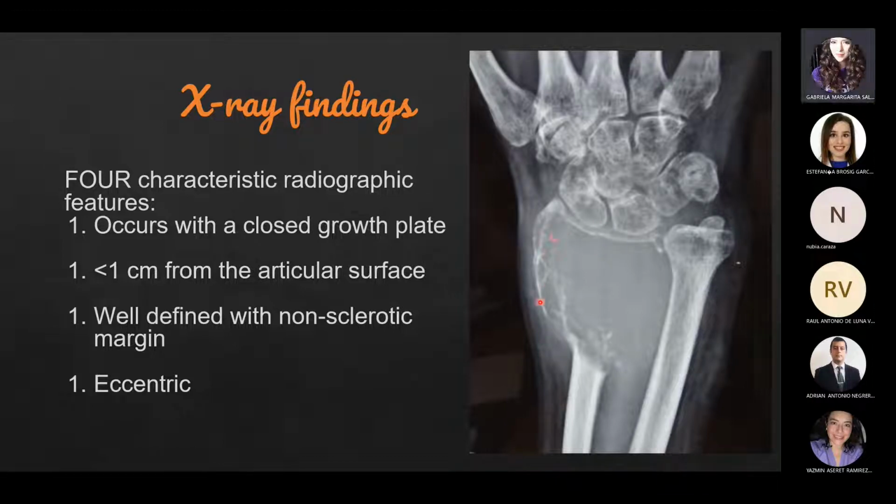It has a well-defined non-sclerotic margin that we already said is also a really important feature of this tumor, because the non-sclerotic margin gives us a clue that we're talking about a giant cell tumor and not another pathology that we're gonna see later. That is a differential diagnosis, and it is eccentric, as we can see here and in the other images.